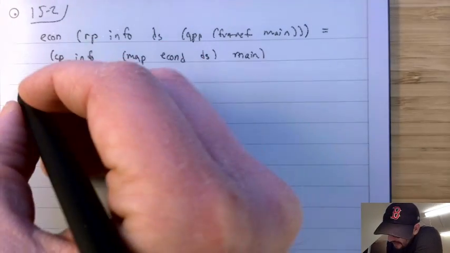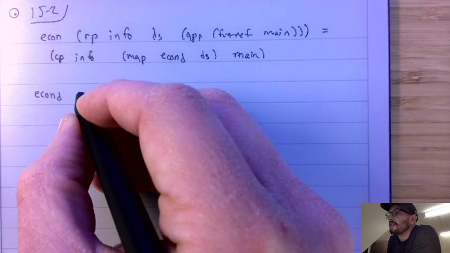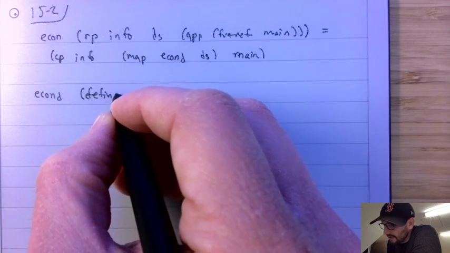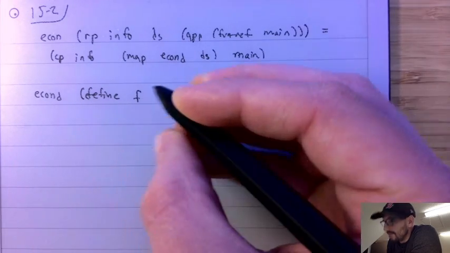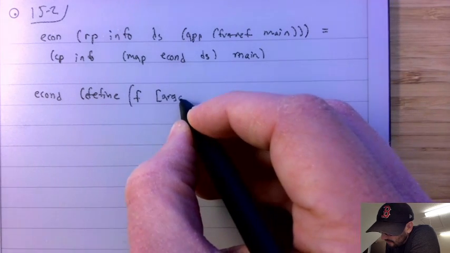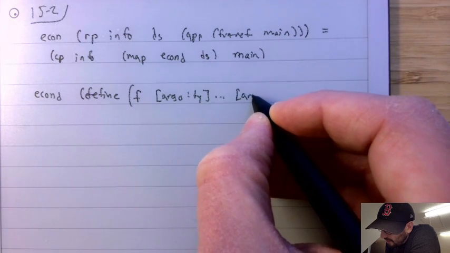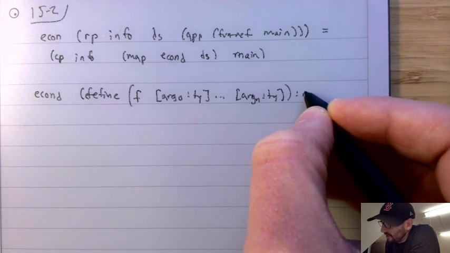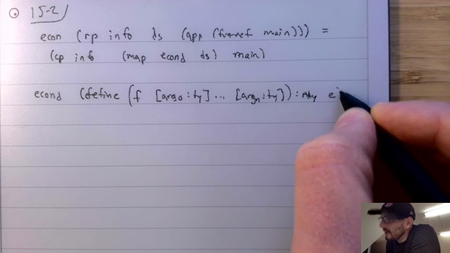Okay. Now, how do you do an econ D? So econ D is going to take the definition. This is an R definition, of course, of some function f with some arg0 with type 0 up to arg n type n with the return type and then the body e.